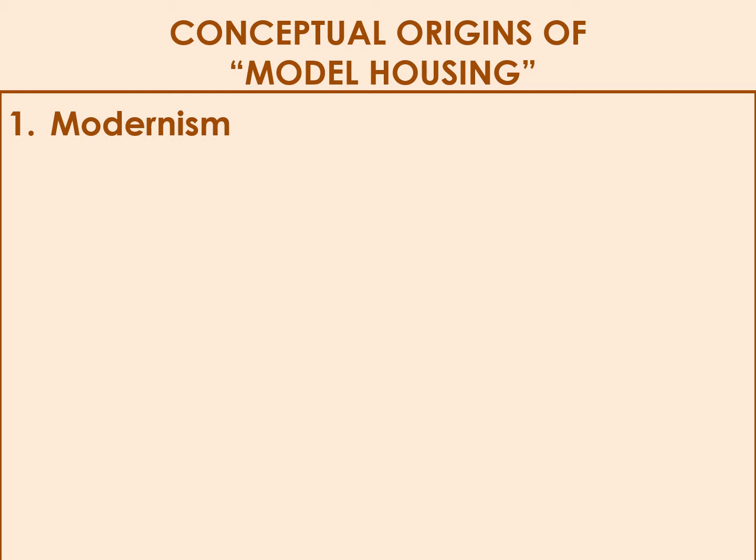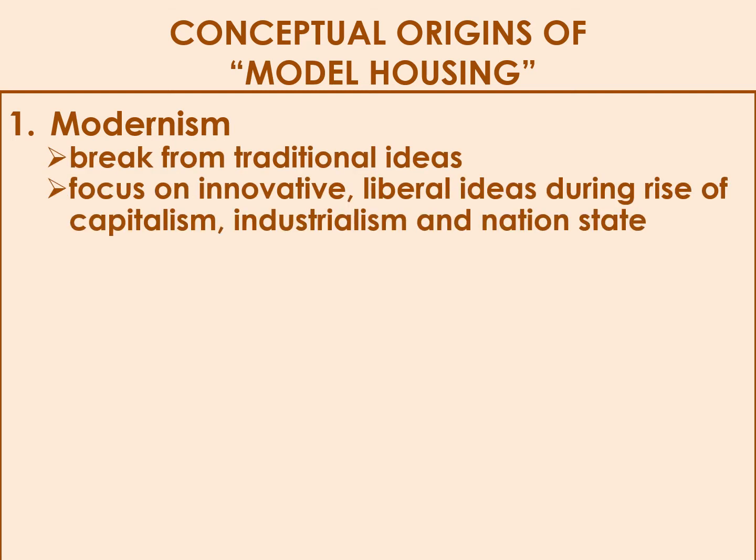Modernism was characterized by a conscious break from traditional ideas and the focus on new, innovative, and more liberal ideas during the rise of capitalism, industrialization, secularism, rationalization, the nation-state, and its resulting institutions and forms of control.